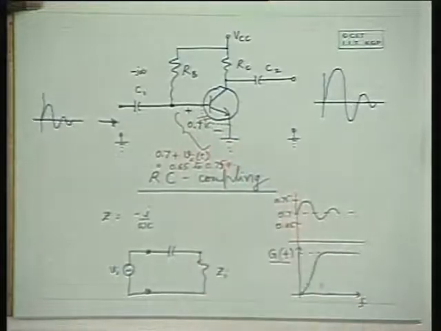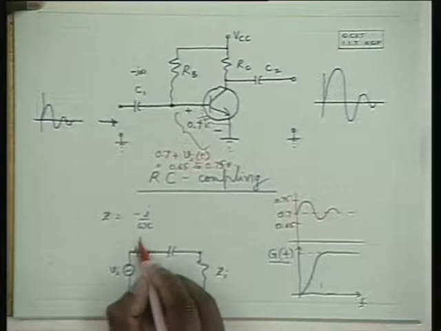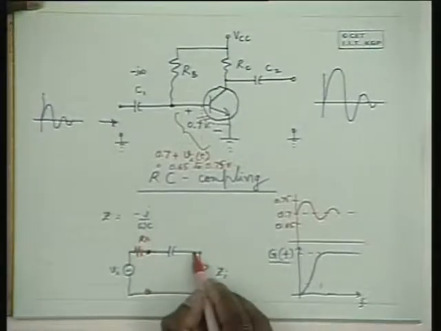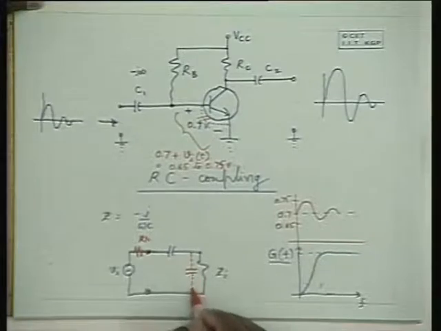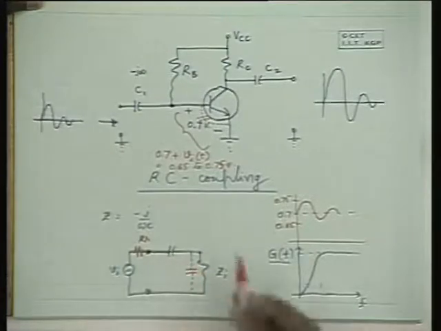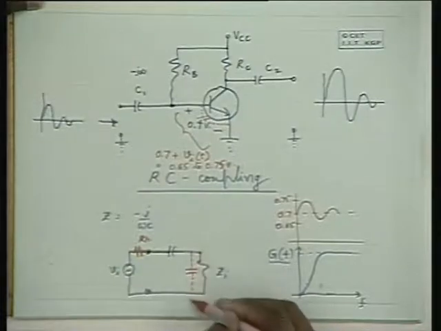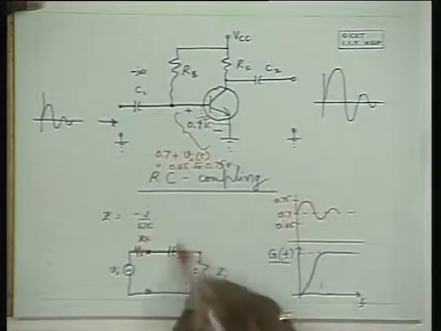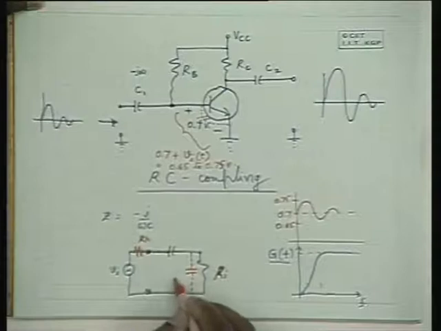But at high frequencies, when you have of course a source resistance also, these junction capacitances become effective and they short circuit. This is going to act like a short circuit, and so these capacitances make this Zi smaller than Ri, Ri in parallel with this capacitance, and that is Zi.